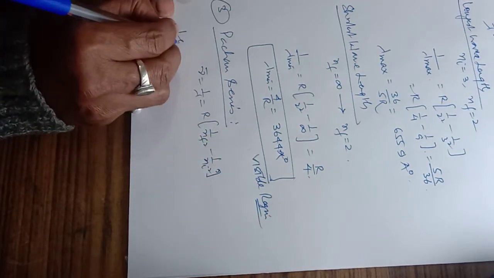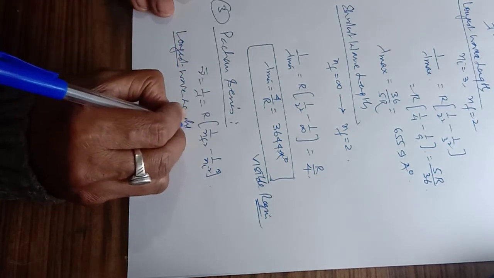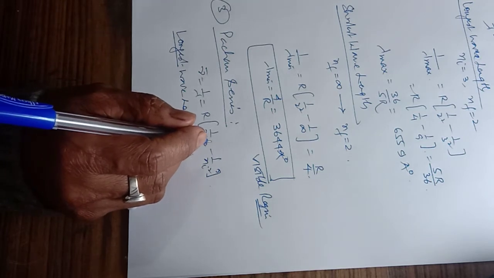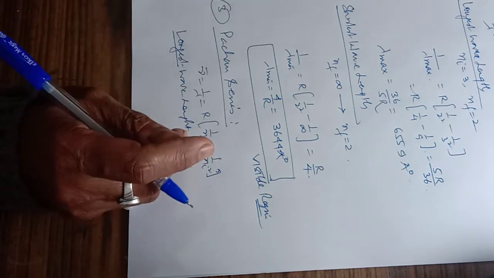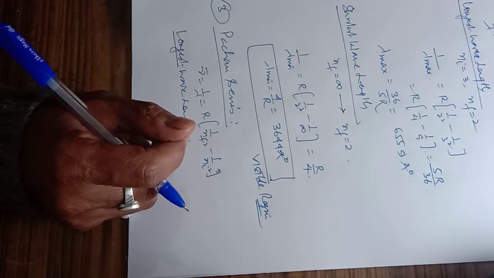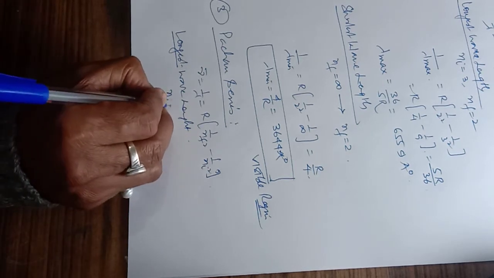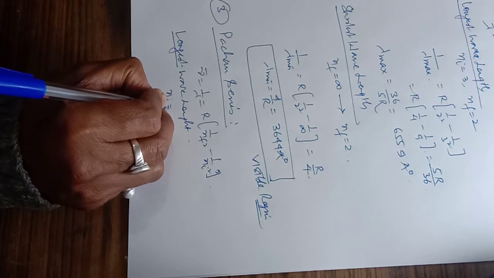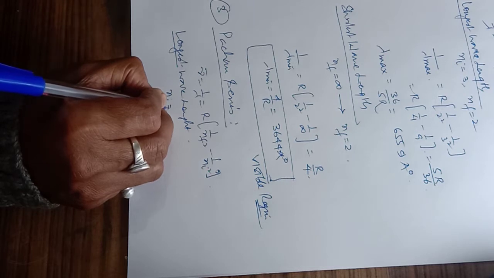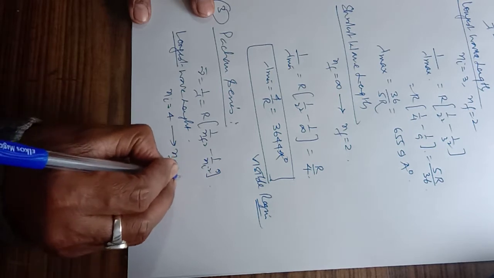So for the longest wavelength, what does it mean? In the Paschen series, ni is equal to 4 to nf is equal to 3.